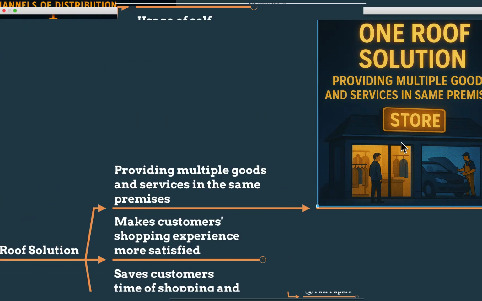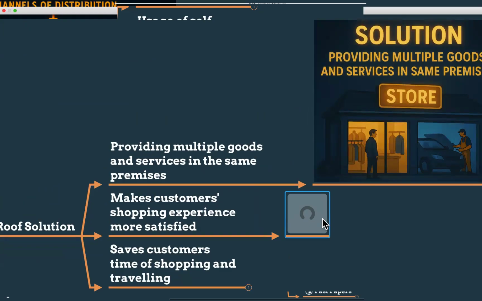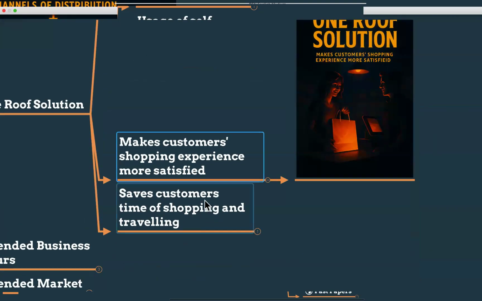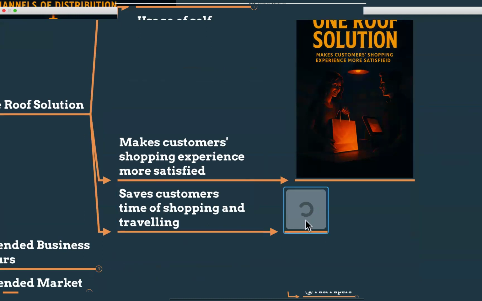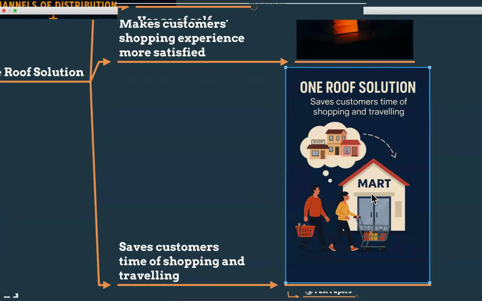Instead of visiting 10 shops, get everything in one place. That's kind of a hypermarket solution. So it makes customer shopping experiences more satisfying, right? It saves customers' shopping time as well as traveling, right?